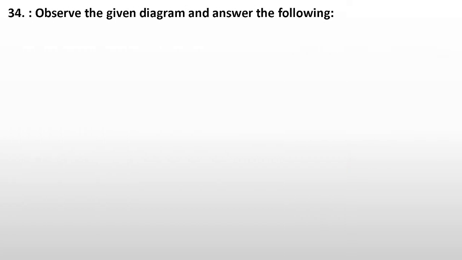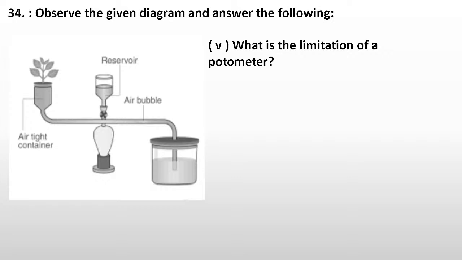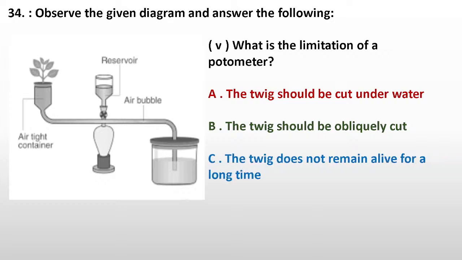Okay, going ahead. So see this diagram. What is the limitation of a potometer? A. The twig should be cut underwater. B. The twig should be obliquely cut. C. The twig does not remain alive for a long time. D. The potometer should be airtight.